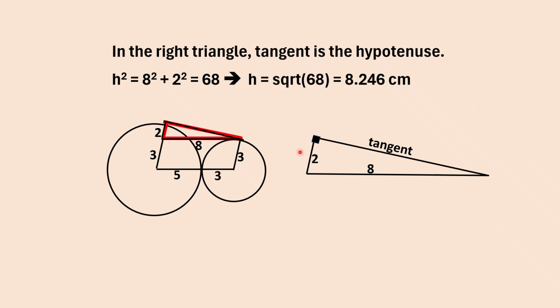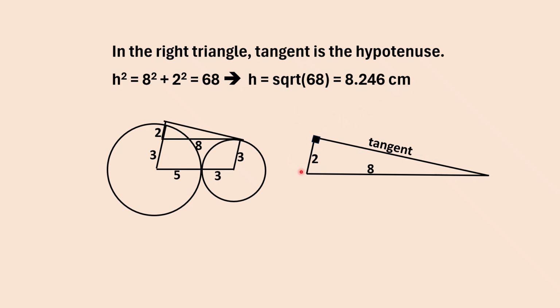So by Pythagoras theorem, the square of the hypotenuse should be equal to 2 squared plus 8 squared, which is 68. 8 squared is 64, 2 squared is 4. So the hypotenuse squared is 68. So the length of the hypotenuse, that is the length of the tangent, would be the square root of 68, that is 8.246 centimeters approximately. So this is the length of the tangent.